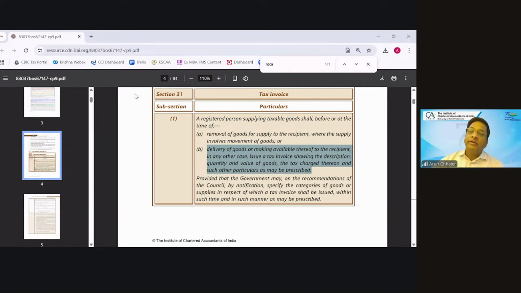It can be when I sell this particular, let's say, tuition center I have, and in the tuition center I have the projector, tables, chairs, air conditioner, that also being sold to you. Now, because of this supply, the table, chair, etc. will not move. Therefore, it can fit into clause B, the delivery of the goods or making available thereof to the recipient in any other case.